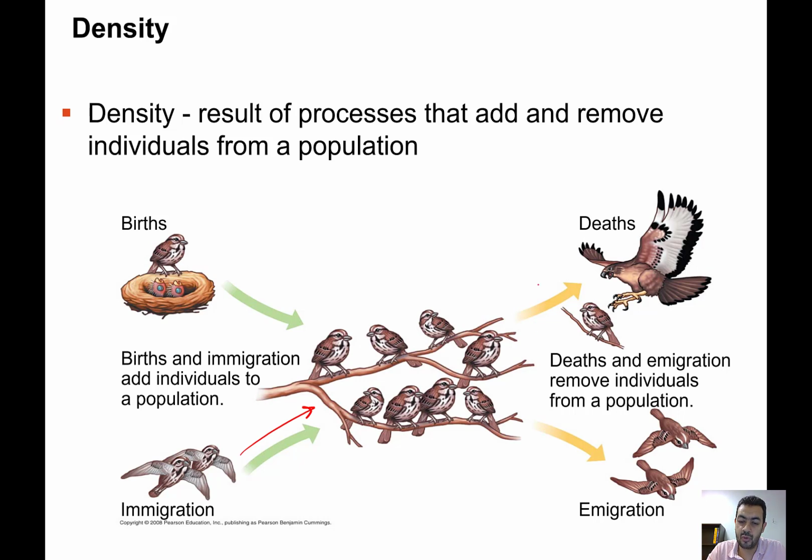Then we have 2 processes that remove individuals: deaths and emigration, the movement of these birds from this population to join another population. So now we have 2 processes that add and 2 processes that remove individuals, and they both affect the density.